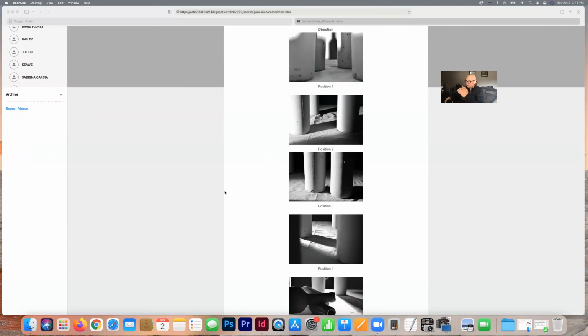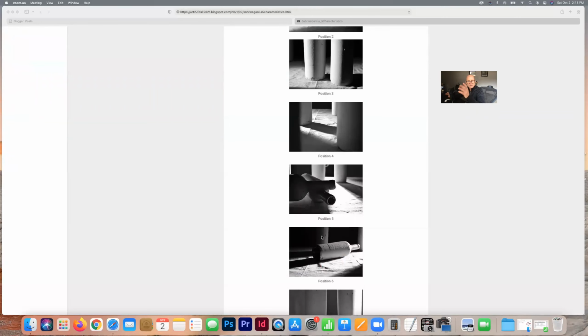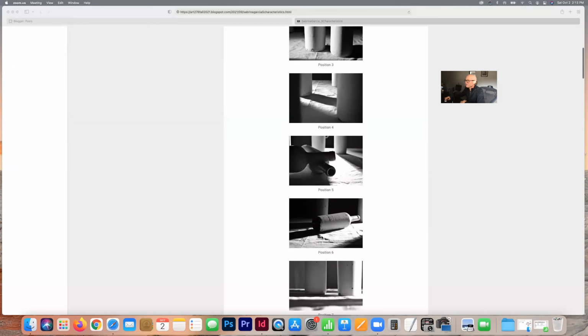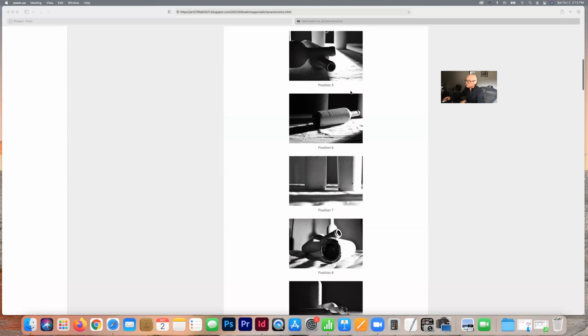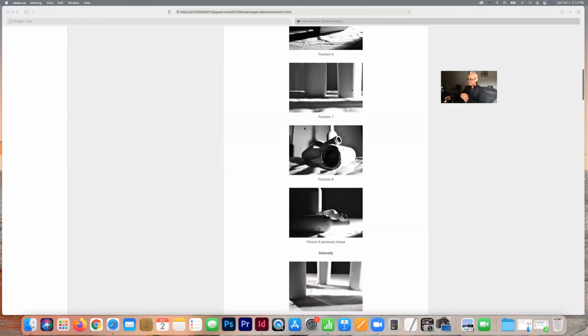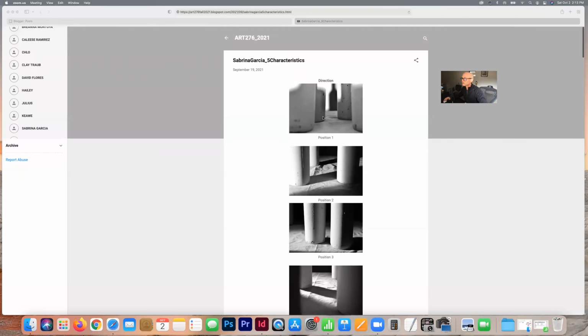So light's coming from the side on position 3, coming slightly from the back. And the way I can tell is the direction of the shadows. The direction of the light can be obscured sometimes, but the shadows won't deceive themselves. They're going to tell you exactly where they're coming from. So the light is over here, the shadows are produced on the opposite side of it. So it looks like you have all of that working pretty well.